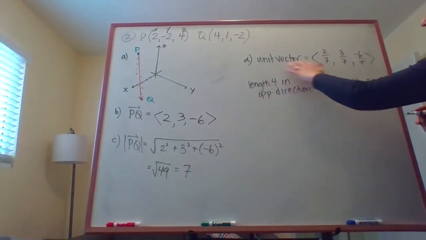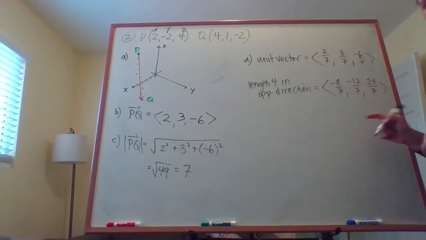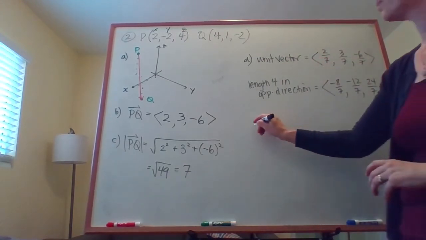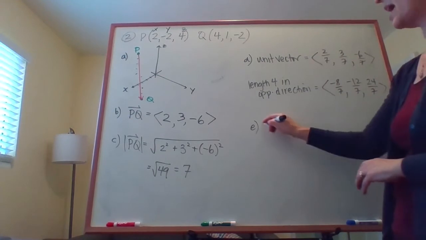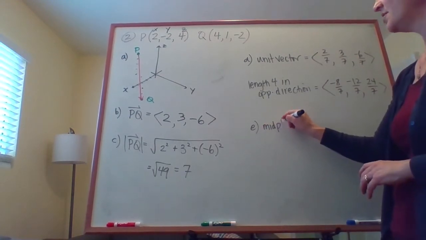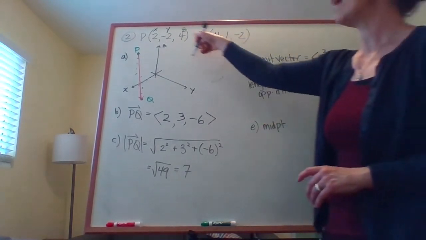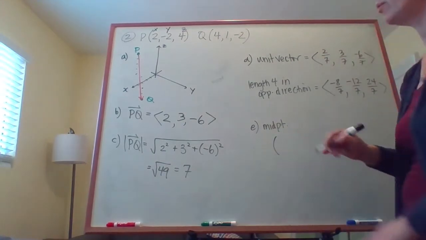You didn't necessarily need to include the unit vector, but just to be clear about where I'm getting these numbers from. Last part was E, and that was the midpoint. The midpoint of PQ is the average of all the components, and it's a point, not a vector.